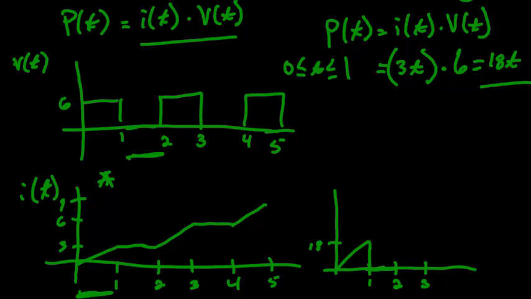So from 2 to 3, now this is going to start at 18 and go with another slope of 18, so this will go to 36. Because this is our starting point, right? At 2, this value is equal to 3, and 3 times 6 is 18.